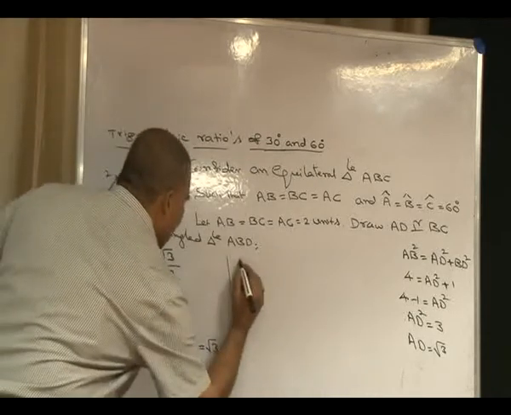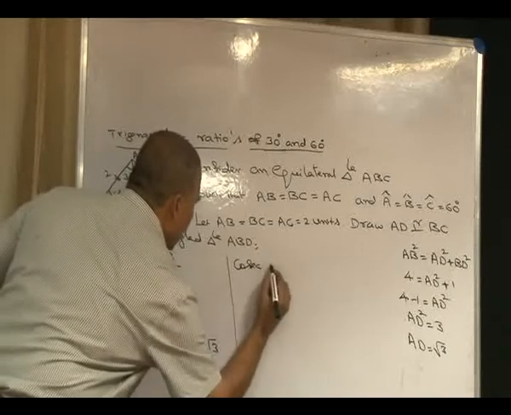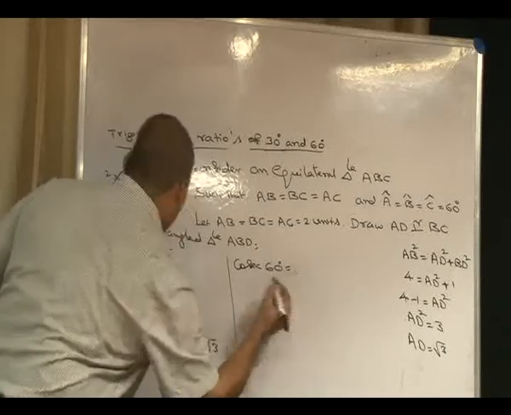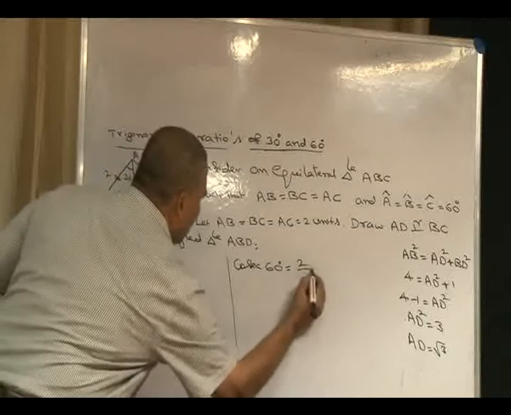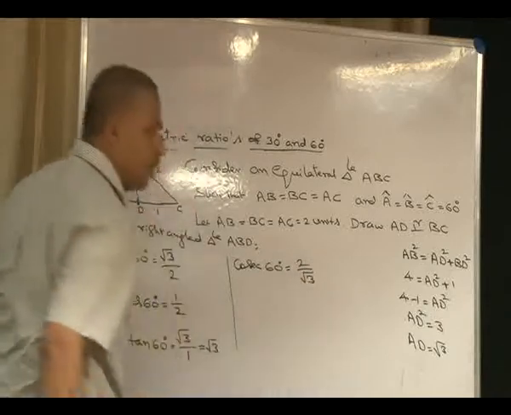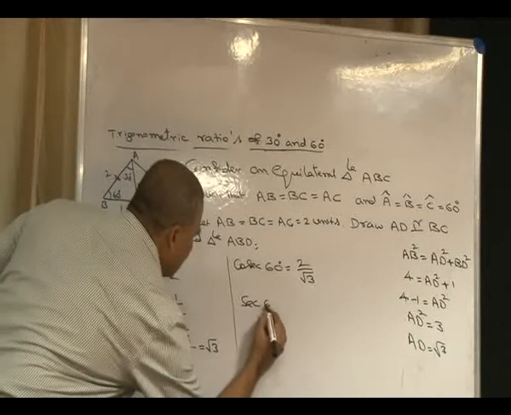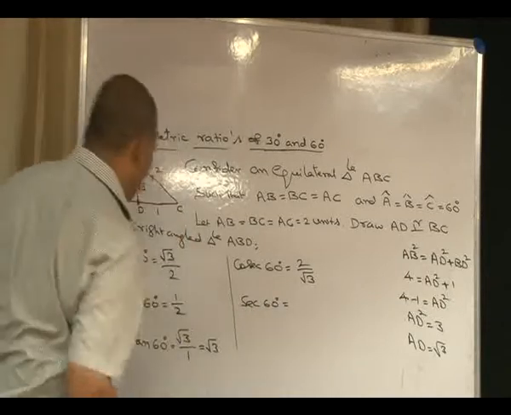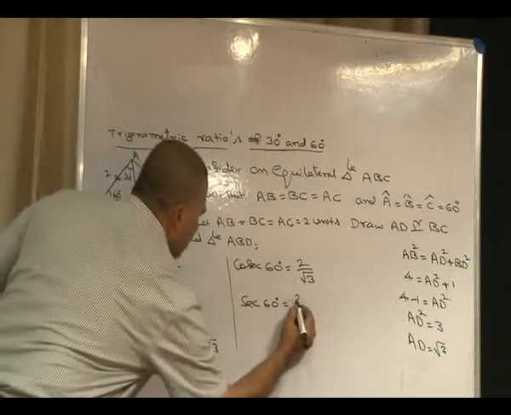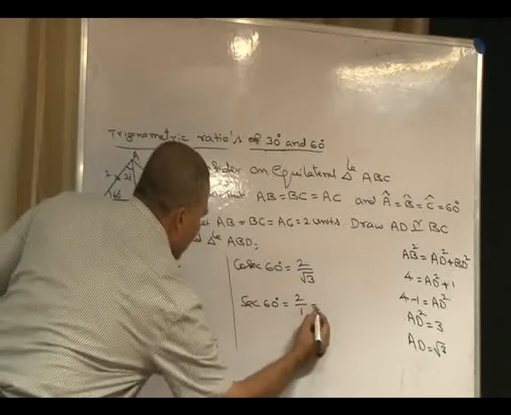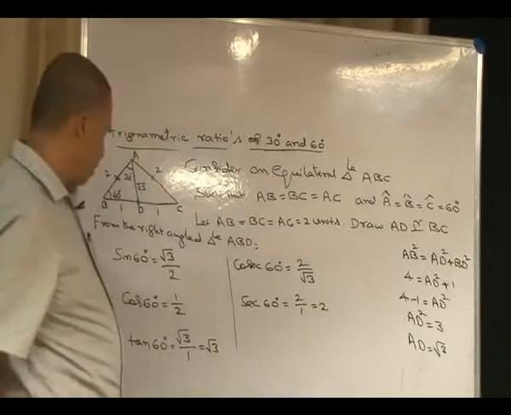Next, cosecant 60 degrees is equal to hypotenuse by opposite side, that is 2 by root 3. Secant 60 degrees is equal to hypotenuse by adjacent side, that is 2 by 1, that is equal to 2.